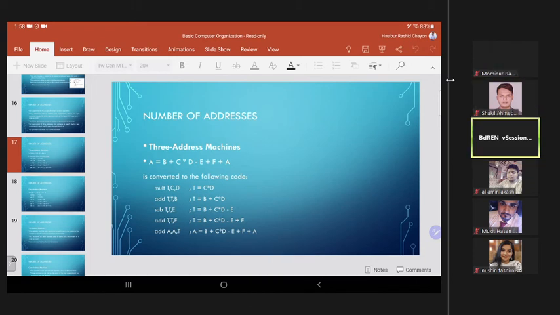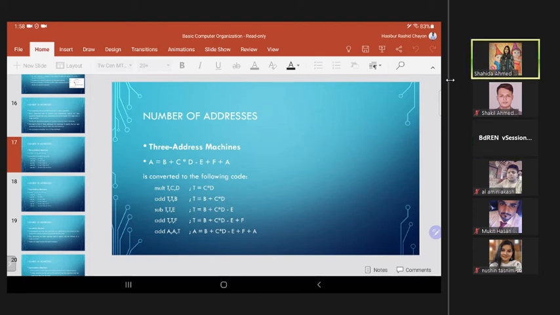Why, sir, is it A and then T? Why not T and then A? Very good. It is also possible. Correct. You are correct. It is also possible because it is a plus, right? So you can do A plus B and B plus A, same thing, right? C multiplied by D and D multiplied by C, same thing. But T minus E or E minus T, not the same thing, right?